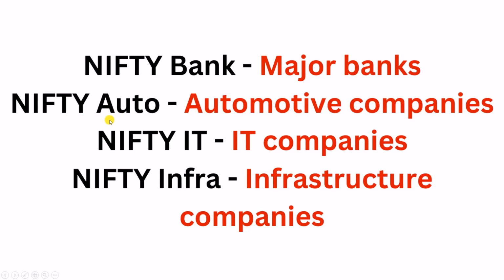Nifty Auto is an index which shows you how the price of stocks of automotive companies is moving. And similarly this and this. Apart from these, there are many others too, categorized according to sectors. So if you are interested in any particular sector, you can look at that particular index value. Okay, I hope you have got the idea of index.